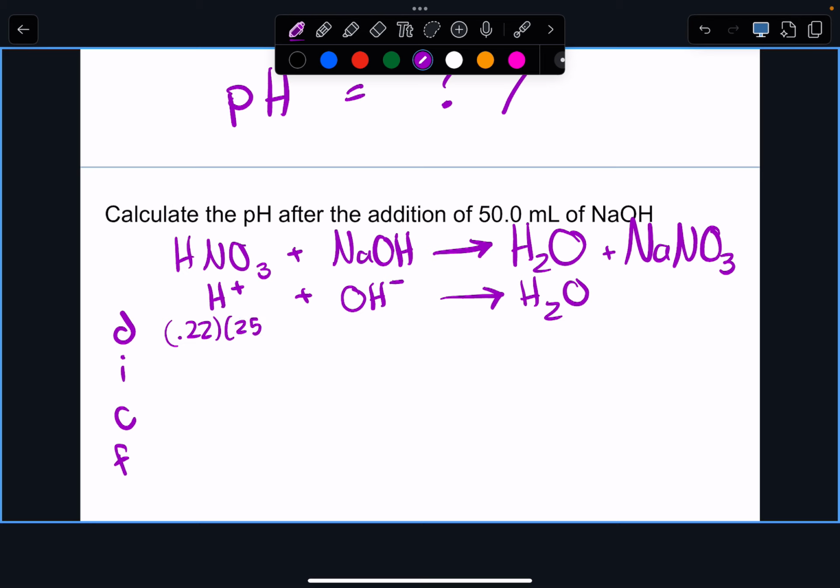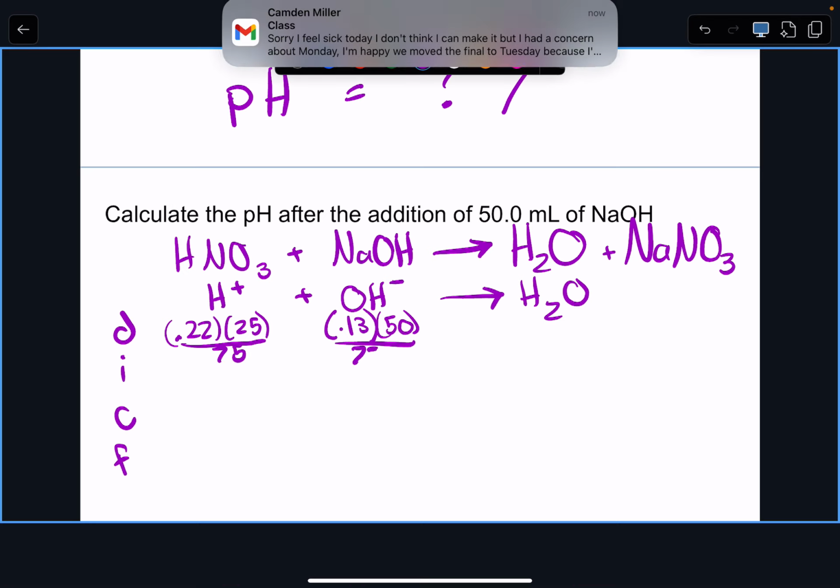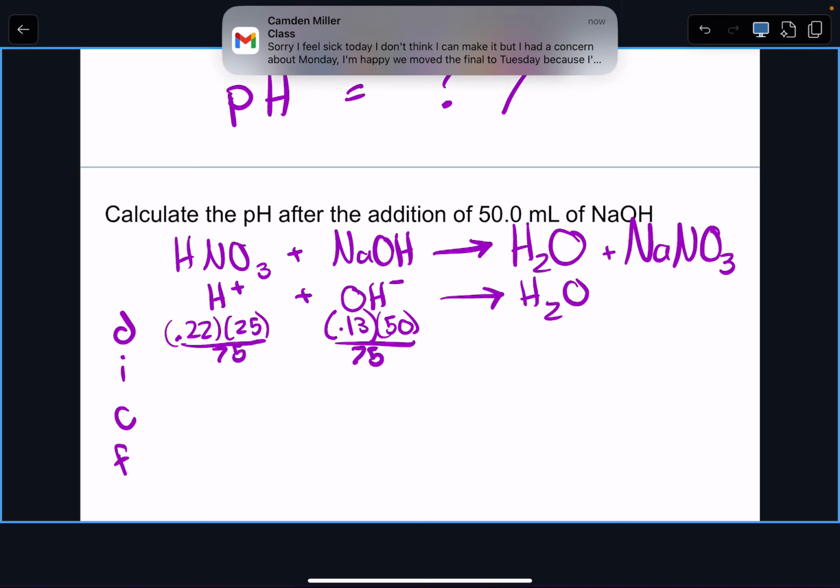Okay, so how do we do the dilution? What is that new volume? Somebody tell us. What should be on the bottom here? 75, thank you. So it's whatever the two together are added, so they should be the same for both of them.